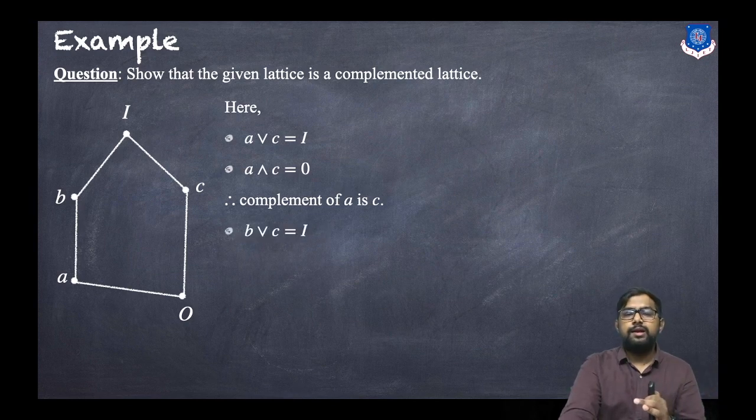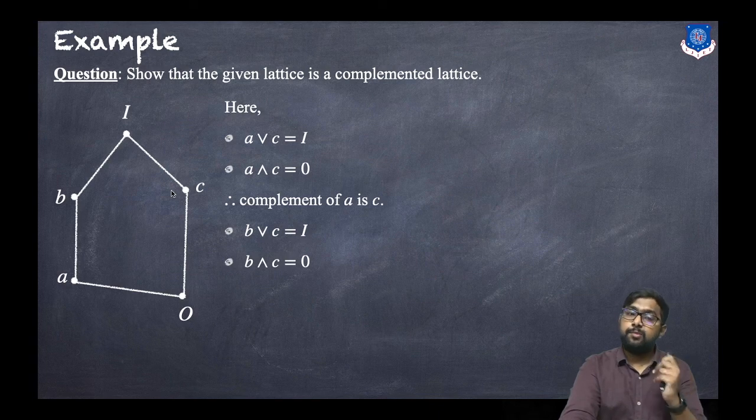And then let us consider B and C. The least upper bound of B and C is I, and the greatest lower bound of B and C is O. So B and C are also complements of each other.